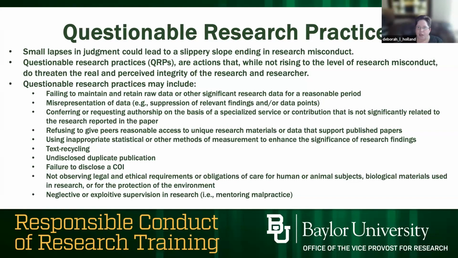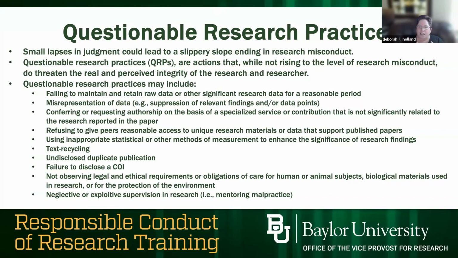I can tell you that generally research misconduct looks back 7 years. But there is an opinion by ORI that even if research was done and published 20 years ago, if it's still being cited today, it falls within that 7-year realm.